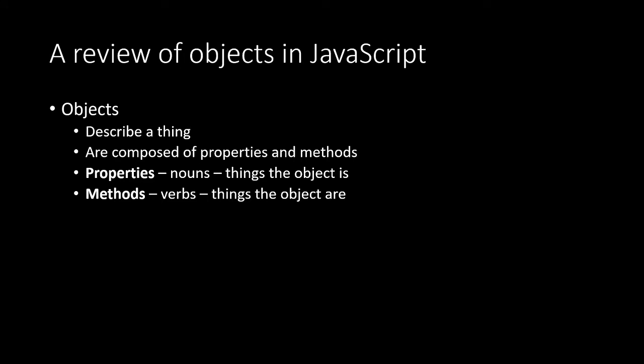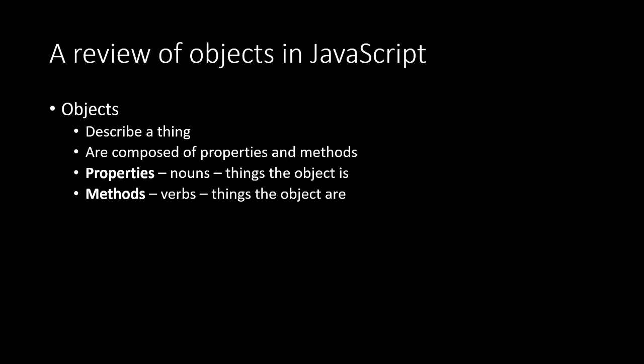So quickly, let's review what we've learned in a previous course. What is an object? Well, an object is a way of collecting variables. It is a way to describe a thing, like a tree or a person or a shoe, whatever it might be.